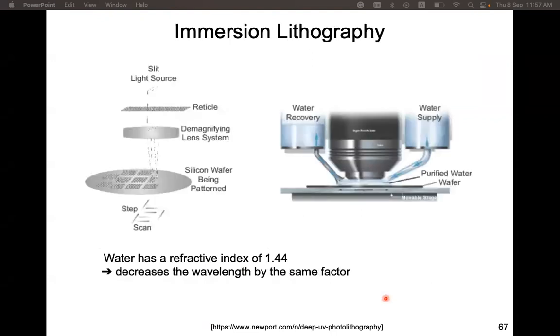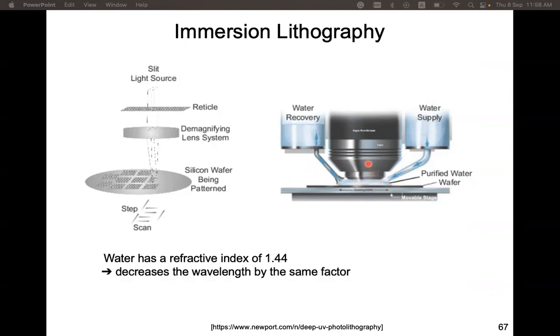The third technology is a trick, very simple, very clever. It's called immersion lithography. The idea is very simple. It's to inject pure water in the processing system.